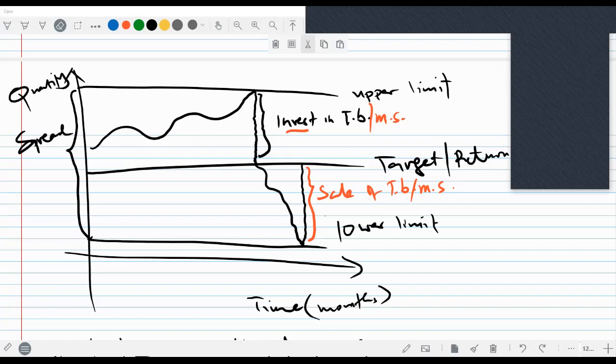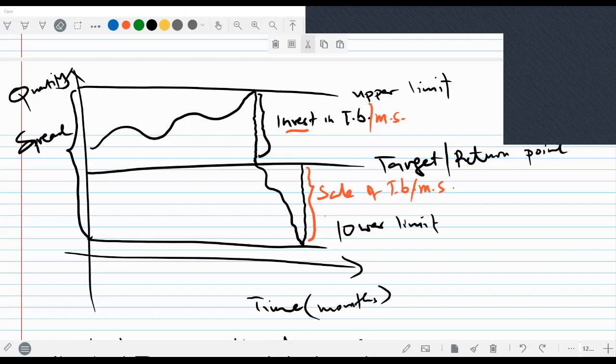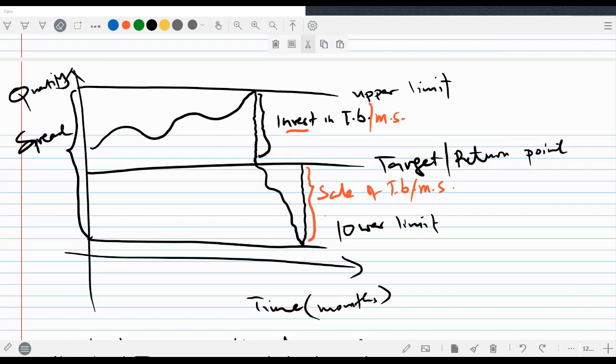Okay, Sakina, is it clear? Yes. Great. So that's simply how you manage cash through the use of the Miller-Orr model.